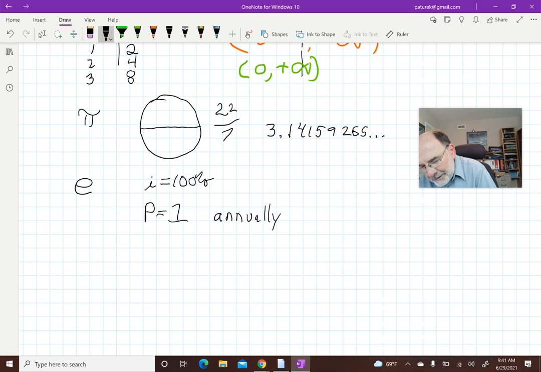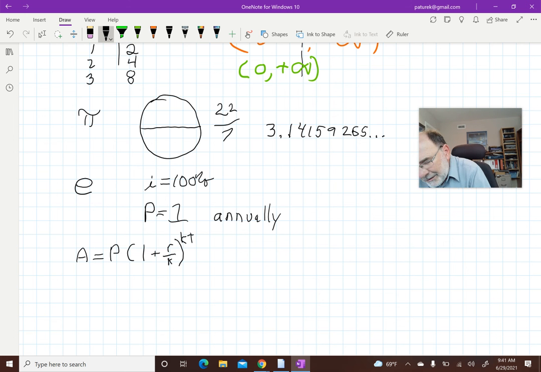So the formula said the amount that you end up with is equal to the principal that you start with times 1 plus the interest rate divided by the period of time it takes to compound it, close parentheses, raised to the product of the compounding time times the amount of time that goes by.